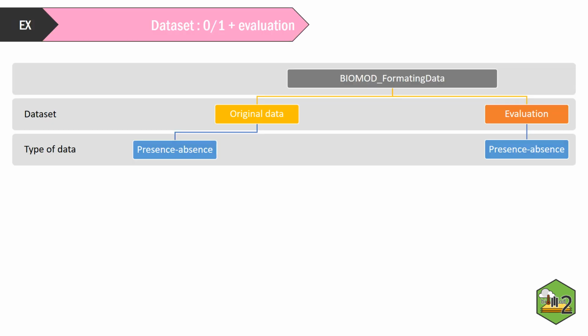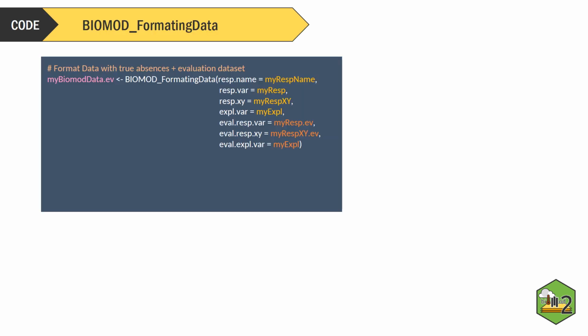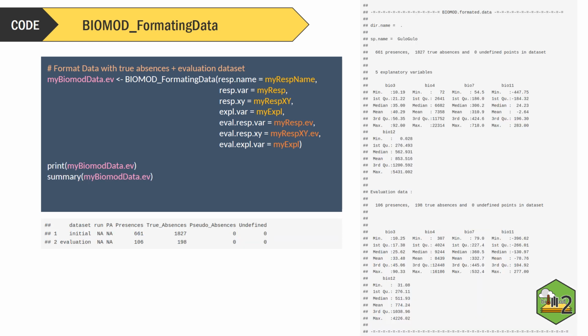And now we'll see briefly how to add evaluation data to our dataset. The principle is the same as for original data. You have to provide occurrences, coordinates, and explanatory variables for your evaluation dataset. If you print your formatted object, you will see the details for your two datasets.